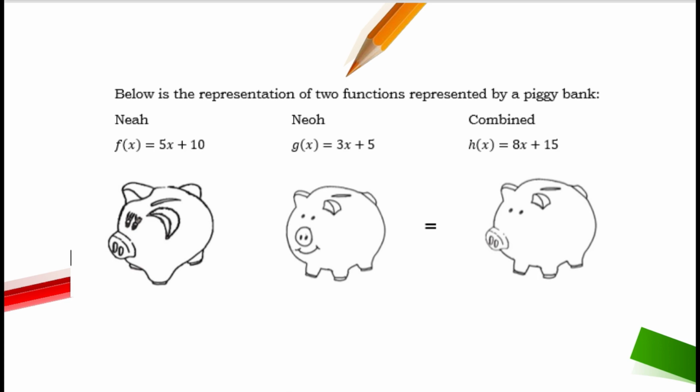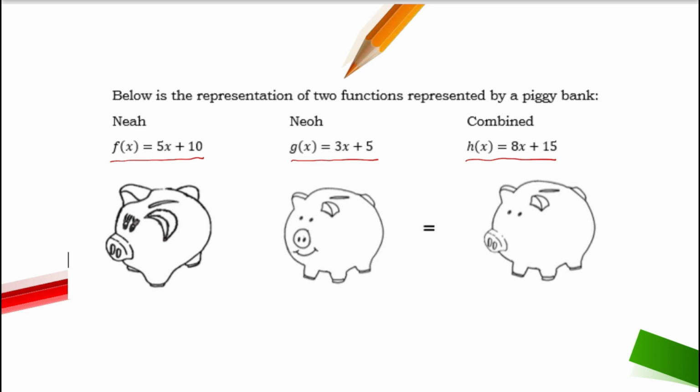Nea's savings is represented by the function f of x equals 5x plus 10. Neo's savings is represented by the function g of x equals 3x plus 5. And their combined savings is represented by the function h of x equals 8x plus 15.